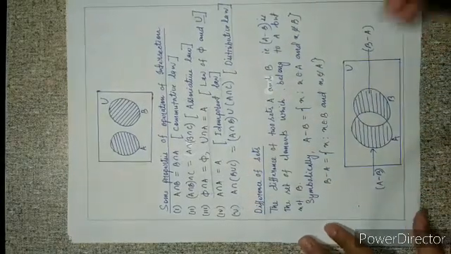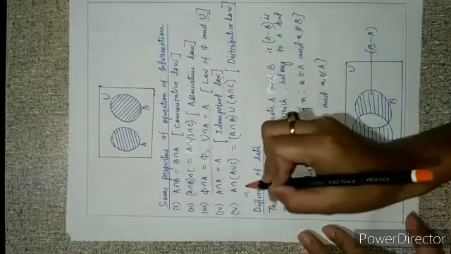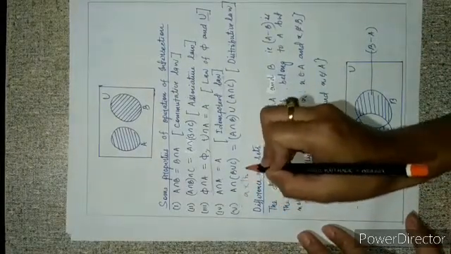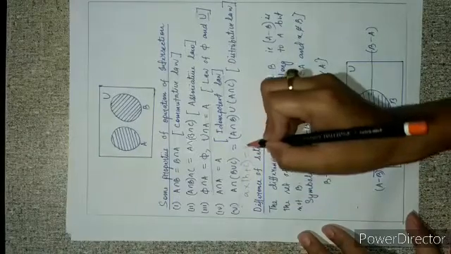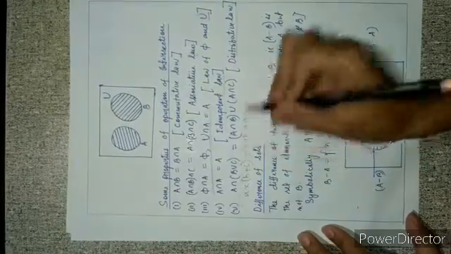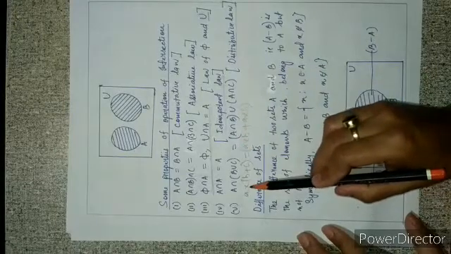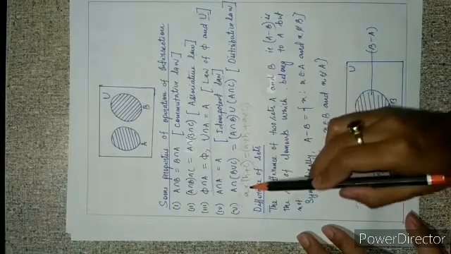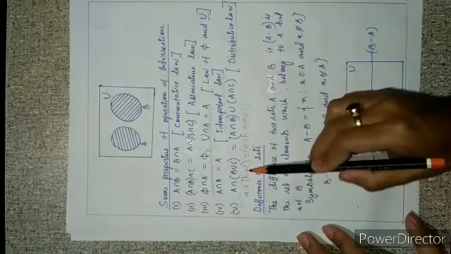The distributive law, which you learned in class 10, is A into (B plus C) is equal to A into B plus A into C. This is the distributive law of multiplication over addition.